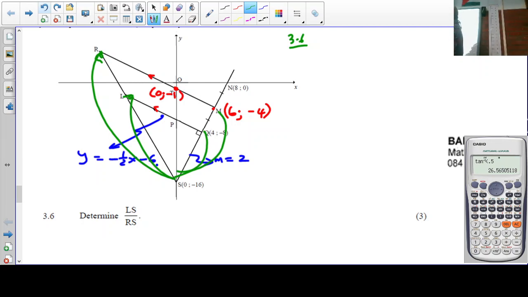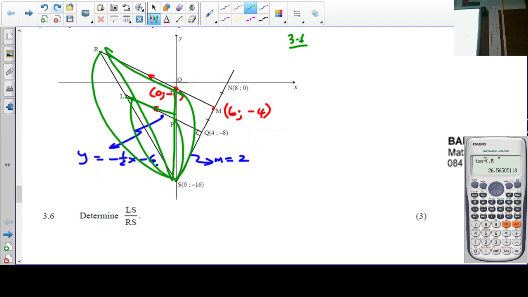Otherwise, you can also consider this here. We have LS over SR is also equal to SP over ST. Can you see? Because this is also a triangle here. Not so? And it's going to be easier to work with those two.